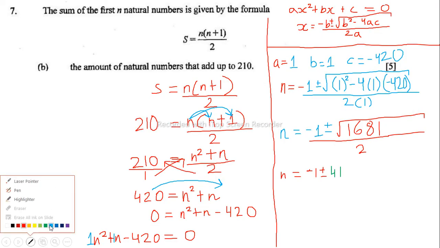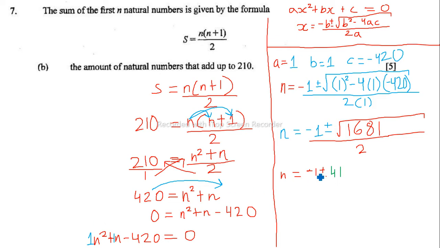All right, so divided by 2. Notice that this says -1 plus or minus 41 divided by 2. So we're going to do the plus first, and then we're going to do the minus.